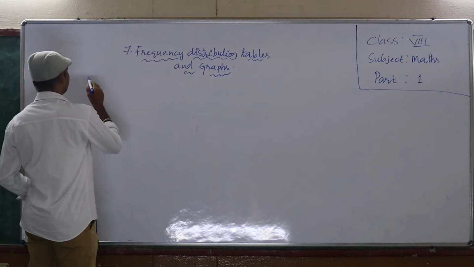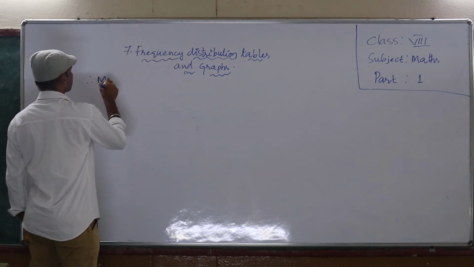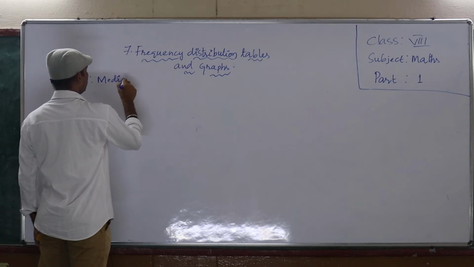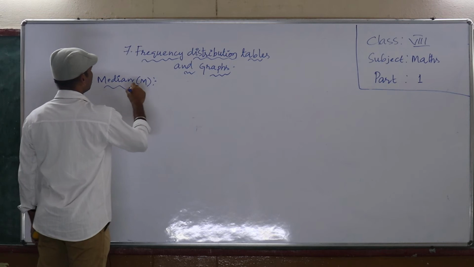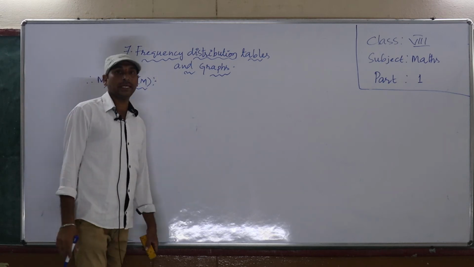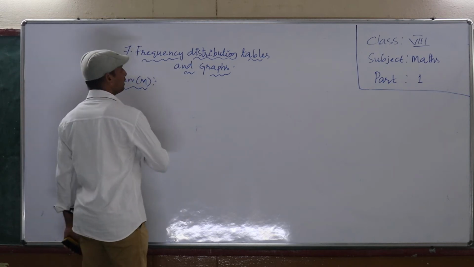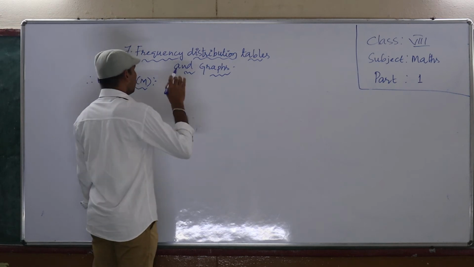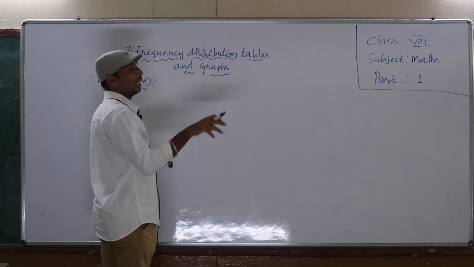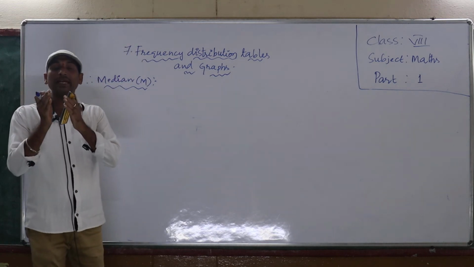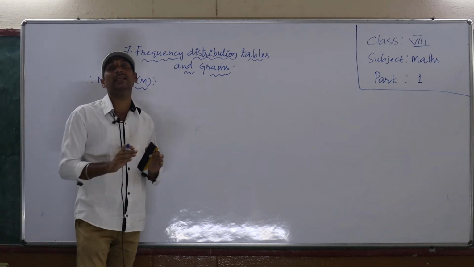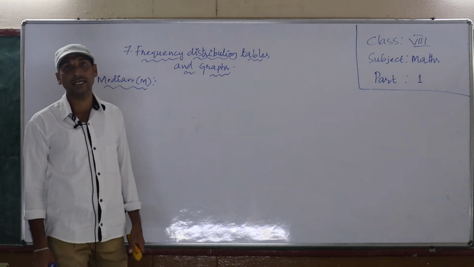The second one is median, denoted by capital M. Median is the exactly middle value when the given data is arranged in ascending or descending order.